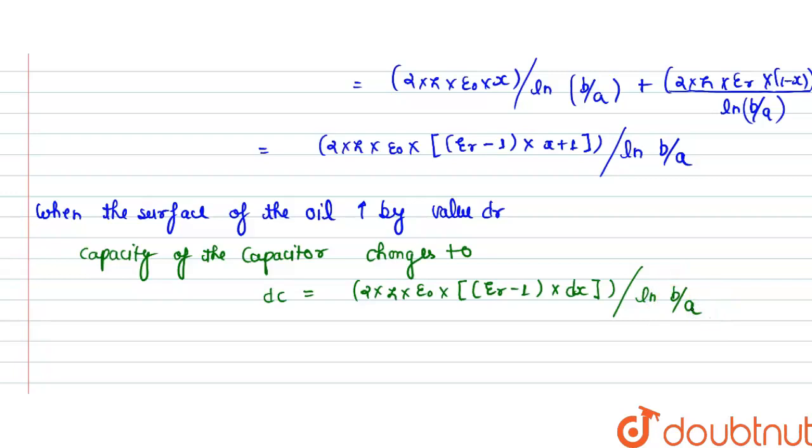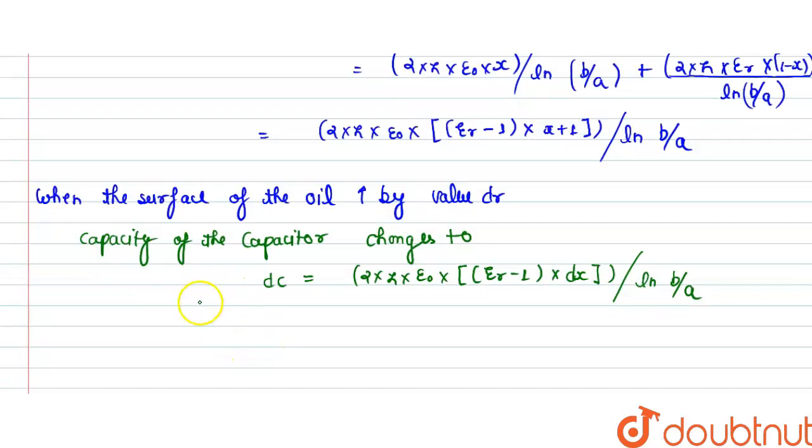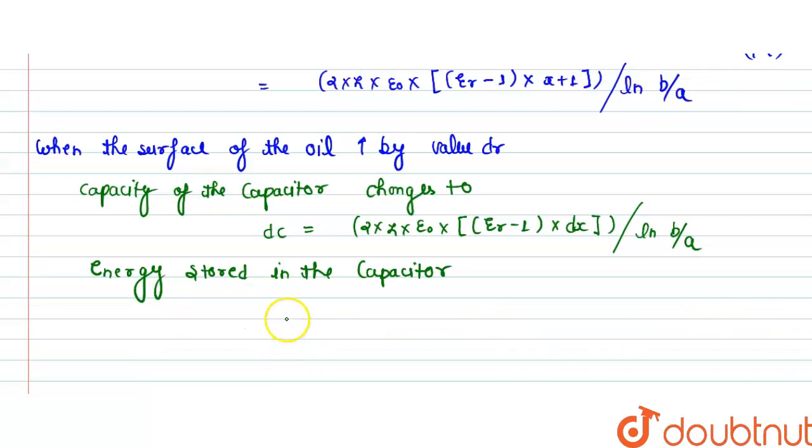This is the changing capacity. Now we find the energy stored in the capacitor. The change in energy is dE, because of differentiation.